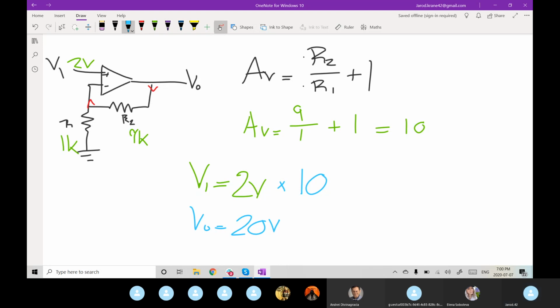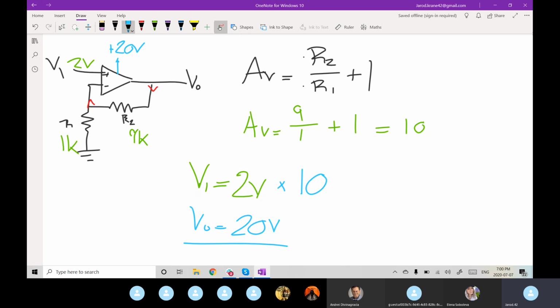Now, of course, that means that our supply on our op amp has to be greater than 20 volts to actually be able to supply that.